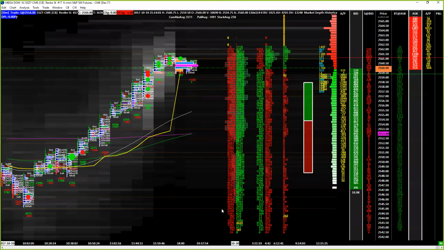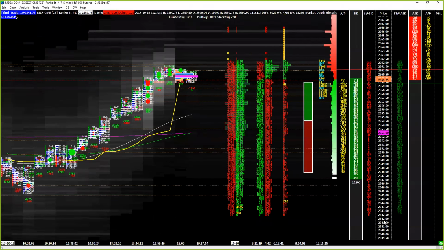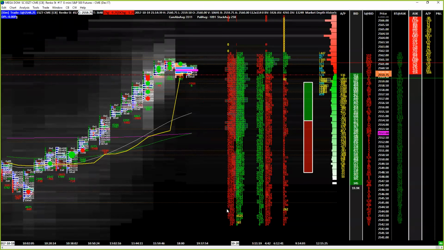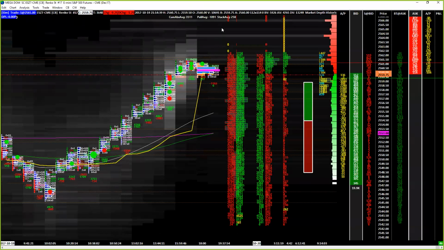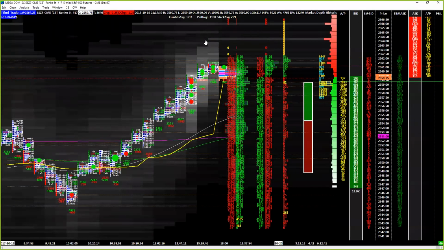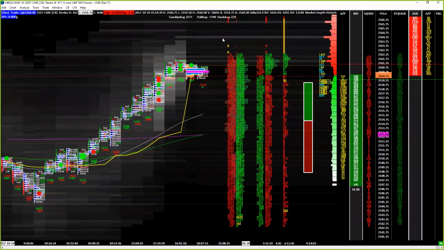So you can see this column here, for as long as my chart has been open, it has kept track of all the prices that have traded and how many contracts were bought. How many contracts were sold at the bid. That's this. It's not the hand. That's this column on the left, right here, this one all in red. And how many were bought at the ask. That's this green column here.